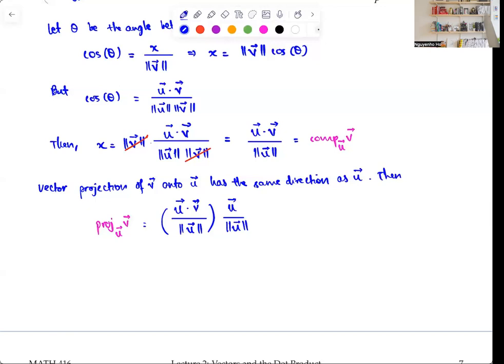So the vector projection has 2 components here, right? The first component in the parentheses is the length of the shadow. And the second component indicates that you need to follow the direction of vector u. Okay, so that's the vector projection.